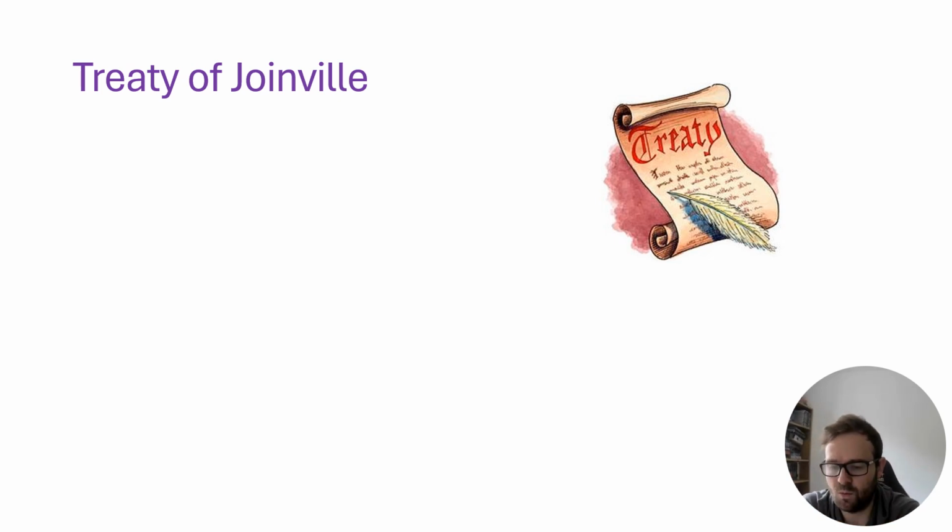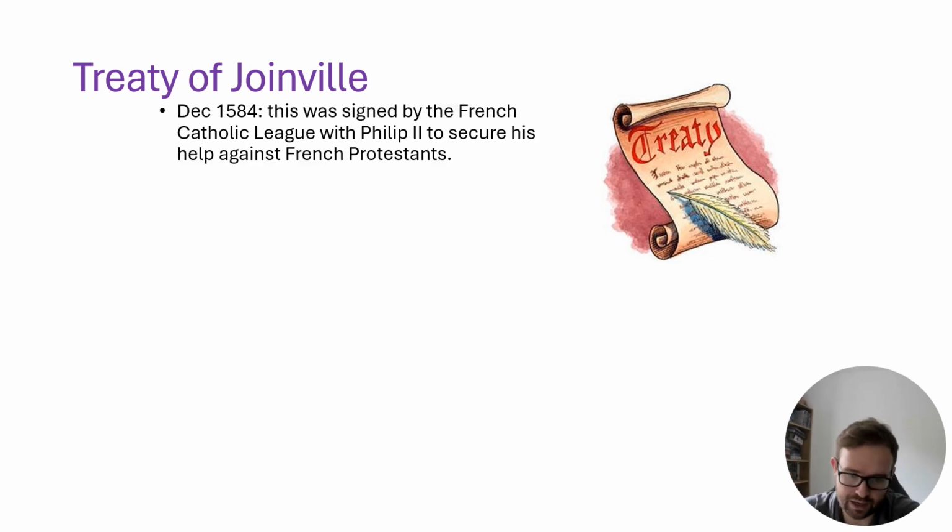Like we looked at the Throckmorton plot in 1583, which was the French getting involved, and a year later the Treaty of Joinville was signed. So the French Catholic League sign with Philip to basically support them against the French Protestants. So the French are having this Wars of Religion thing, which is basically France getting split into Catholics and Protestants fighting each other.